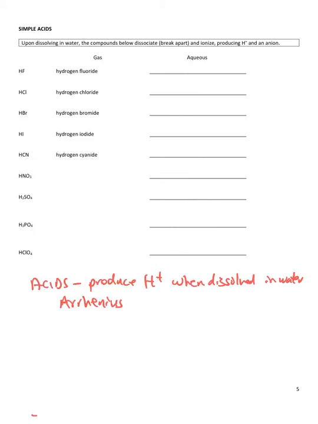And so let's look at these compounds, these binary compounds for the most part, that in the gas phase, when they are then dissolved in water, become acids. HF, if you were to name it using our nomenclature for covalent compounds, would be hydrogen fluoride.